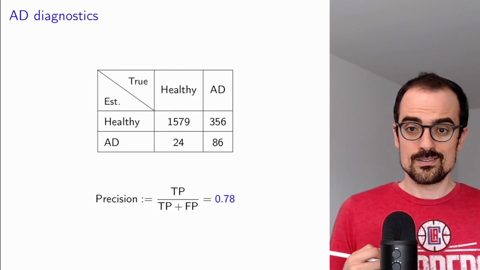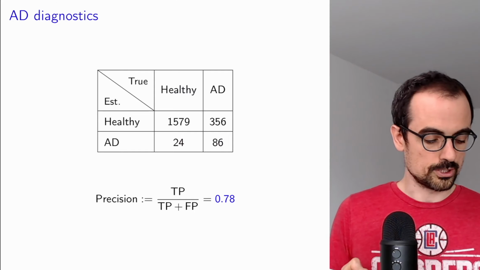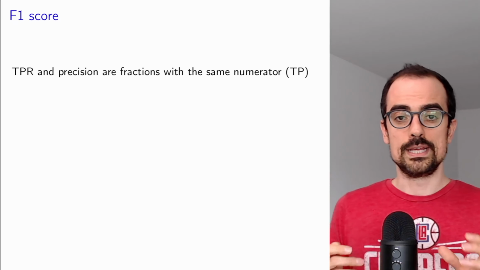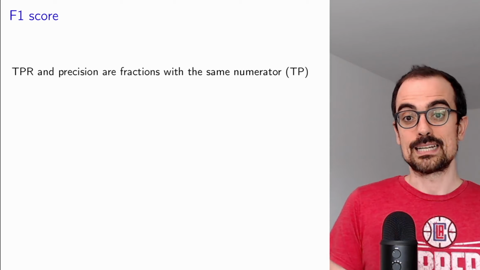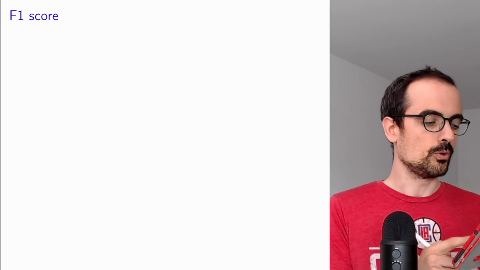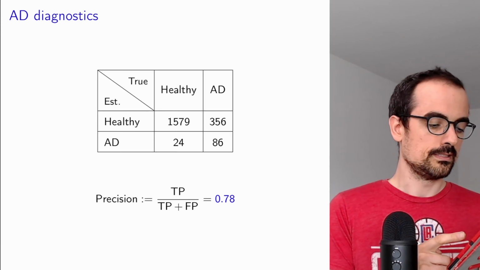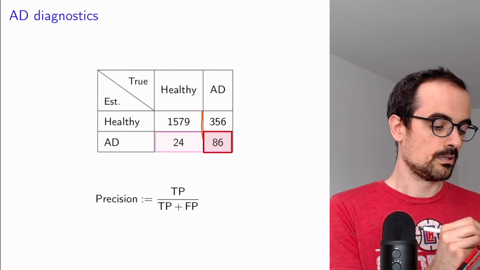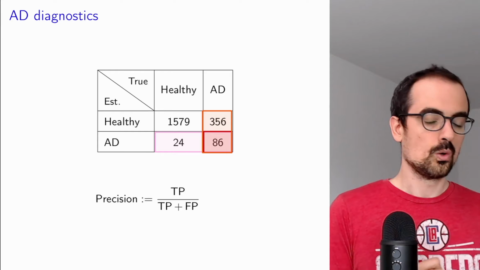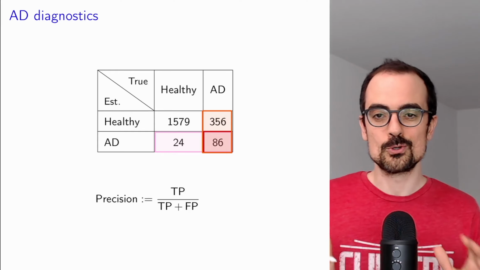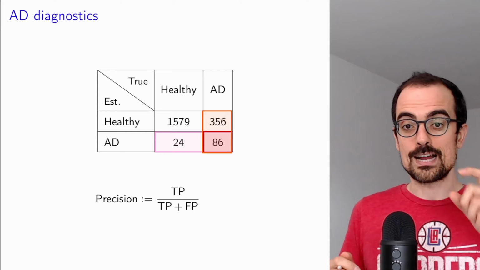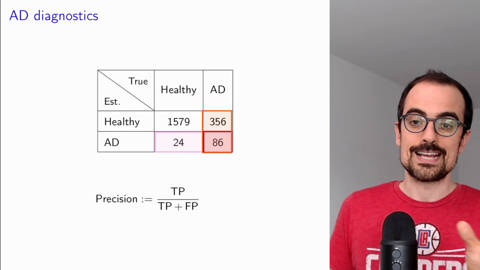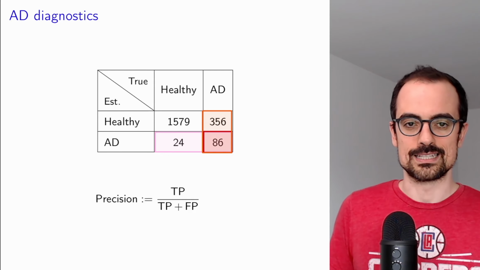So as we have seen right now, when we compute the true positive rate and the precision, we have the same numerator, but a different denominator. Let's review that just for a moment. This is how we were computing the precision. Remember that when we were doing the true positive rate, we're doing almost the same thing, but we're looking at the fraction of the positive examples that are correctly classified as opposed to the fraction of estimated positives that are correctly classified.